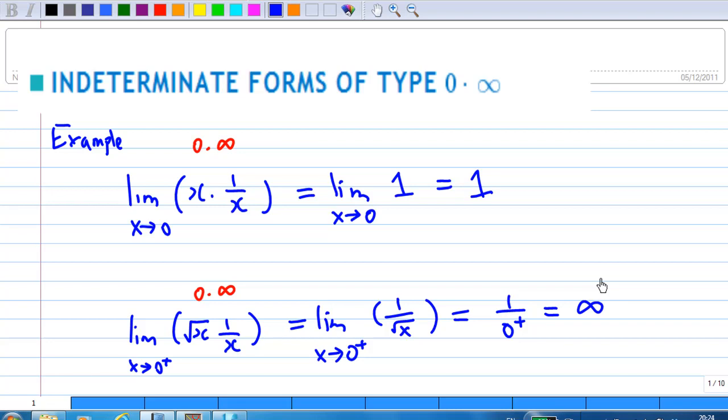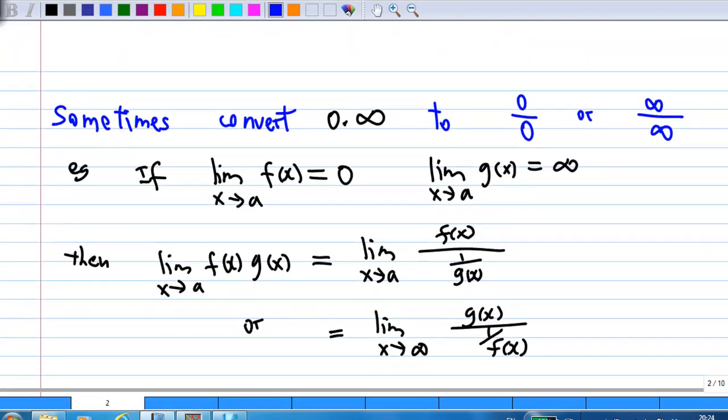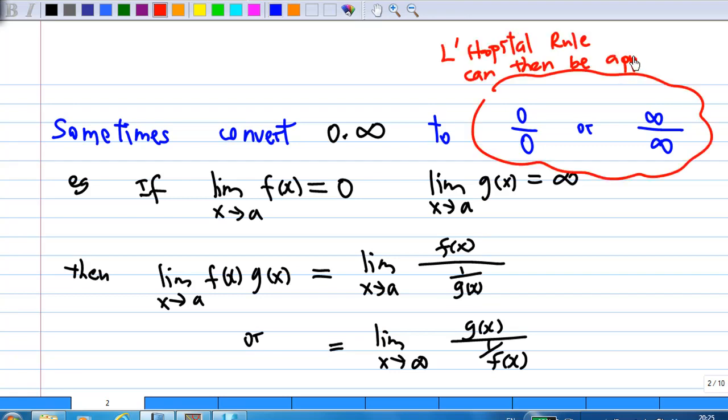Normally we know 0 times any finite number is 0, but 0 times infinity is an indeterminate form. Sometimes you can convert 0 times infinity to 0 over 0 or infinity over infinity, so that L'Hopital's rule can then be applied.